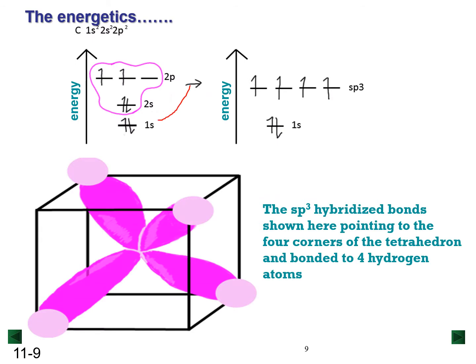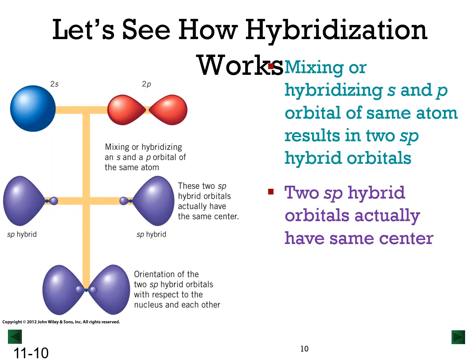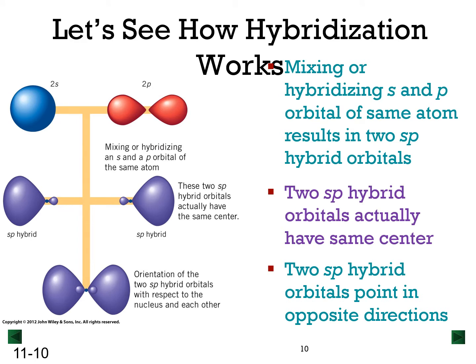The hybridization produces hybrid orbitals that have lower energy compared to the atomic orbitals. An sp hybrid orbital is formed when s and p orbitals of the same atom mix, forming 2 sp hybrid orbitals, and this is the orientation of the 2 sp hybrid orbitals with respect to the nucleus and each other.